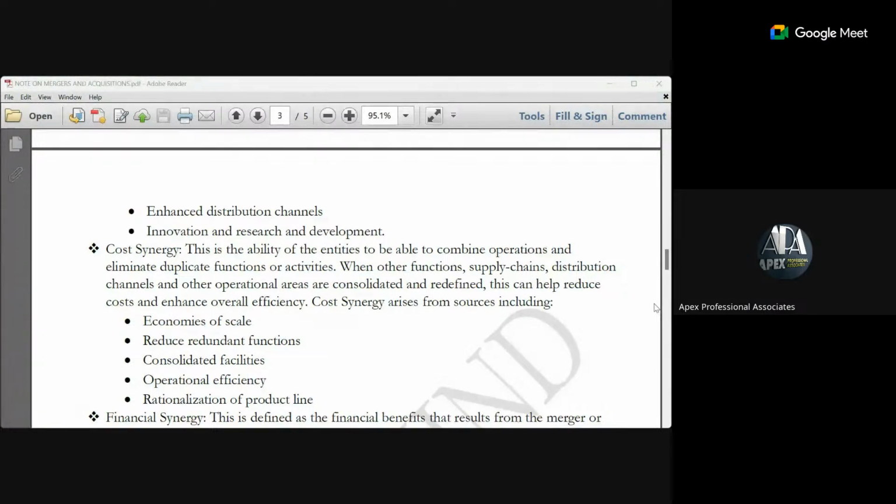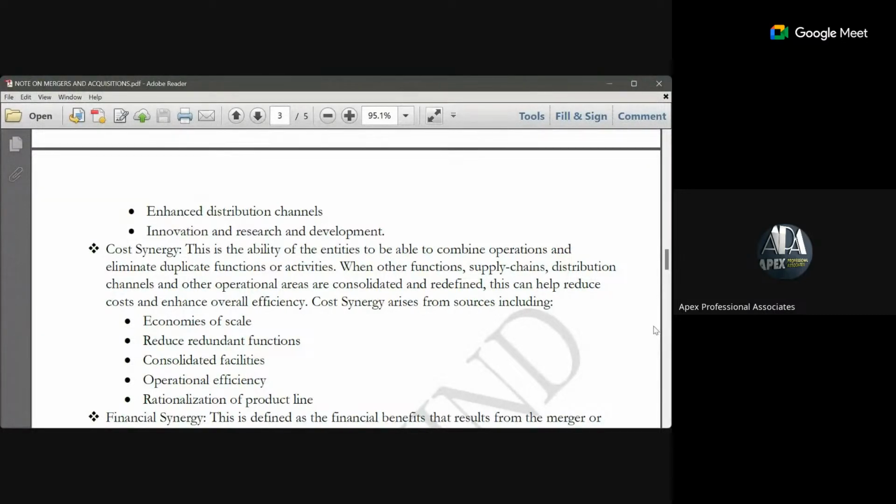So now I further explain that other functions, supply chain, distribution, channels, and other operational areas are consolidated and redefined. Now, when we look at their function, just like I explained, when they combine everything together, their supply chain, for instance, this one buys from this, and this one buys from this. So at the end of the day, they combine into one.